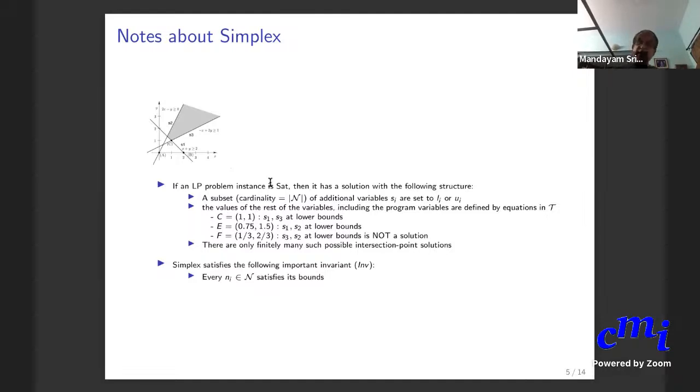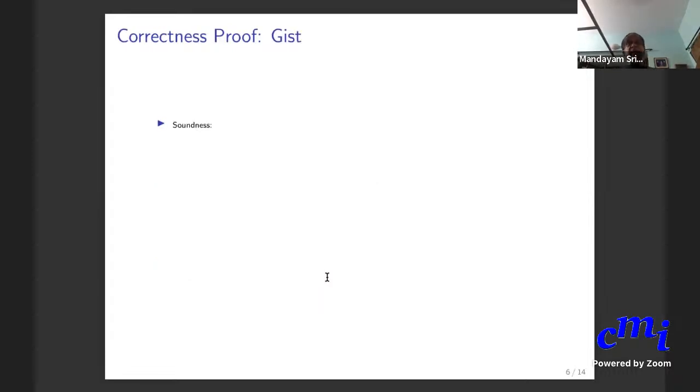Those two are important. First, if there is a solution at all, a solution where a subset of the variables are set to their intersection point exists, and this invariant is always preserved. With these two things, you can get to the gist of the proof of correctness of simplex.